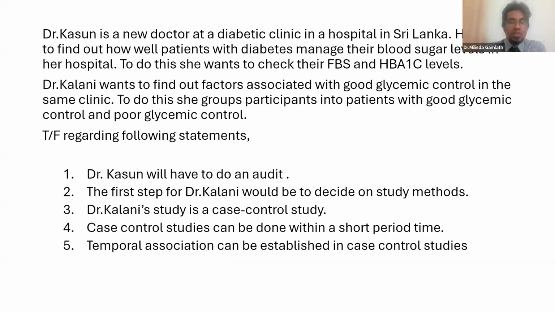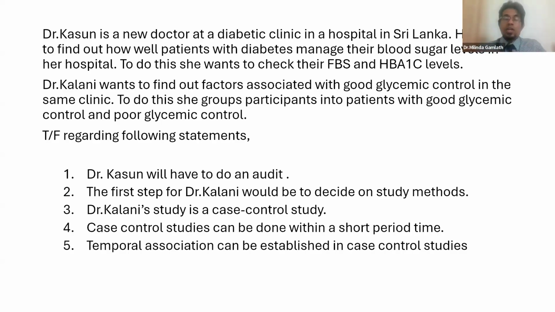So this should answer our first stem, where this new doctor at a diabetic clinic wants to find out whether patients with diabetes manage their blood sugar levels well. And she wants to check the fasting blood sugar and HbA1c levels. So what is she looking for? The diabetic control of her patients. So this is not whether they are managing the patients correctly. She's just looking at whether the diabetes has been well managed.